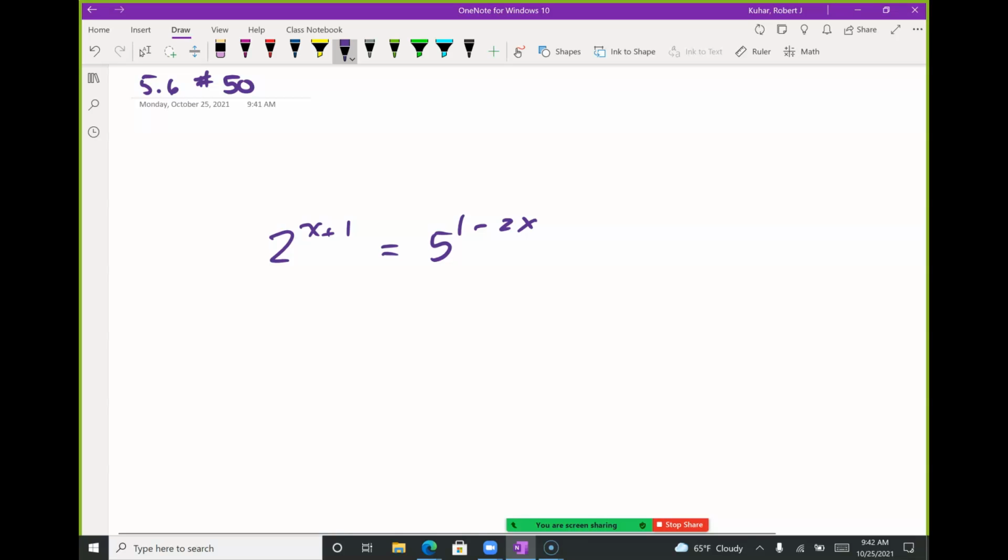So what log is good here? Besides, well, we know all of them are good, but what looks particularly interesting? Log base 2 or log base 5, right? I prefer ln, so I'm going to take the ln of both sides. What allows me to do so?